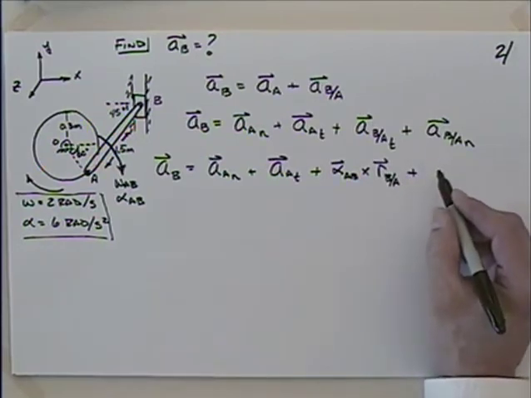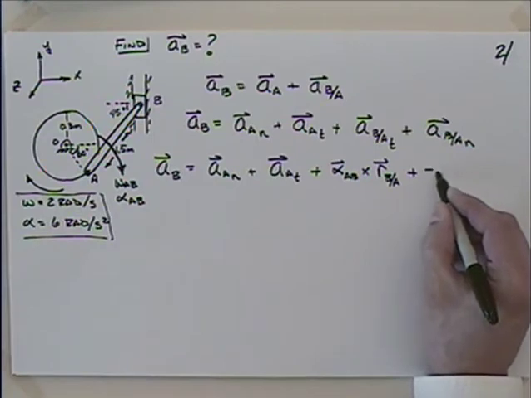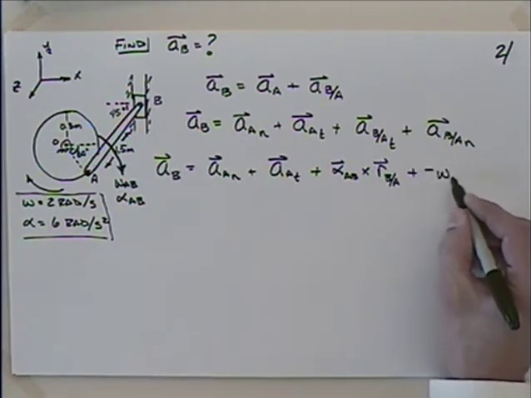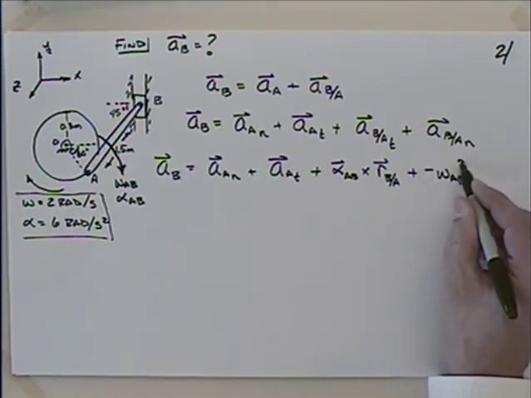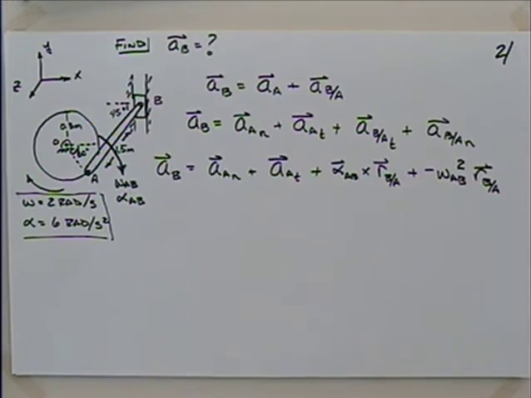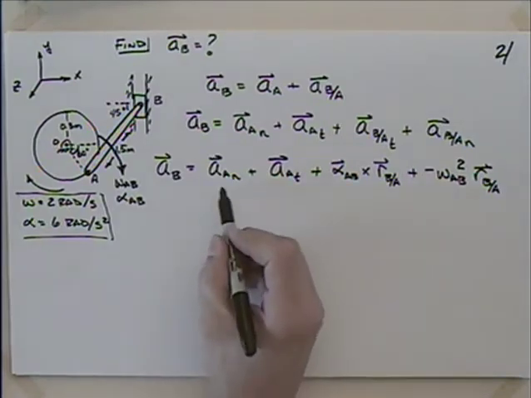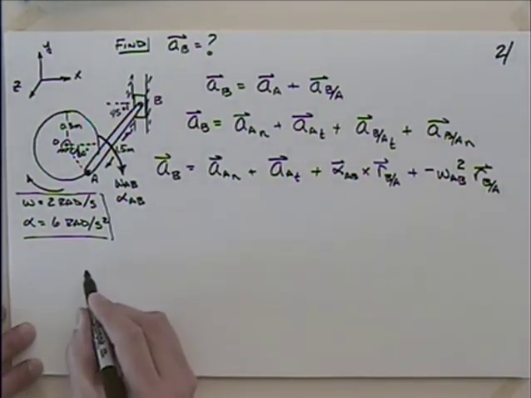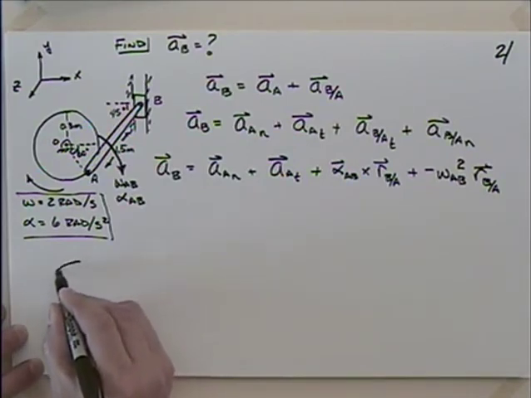And then the normal piece over here is going to be what? Minus omega AB squared times what? R of B with respect to A. Okay. So I've got a lot of filling in to do here, but let me come back and deal with this acceleration in the normal direction, and maybe I will come back and reproduce this wheel down here.